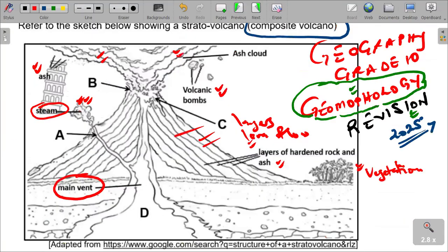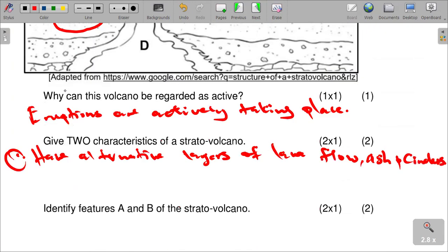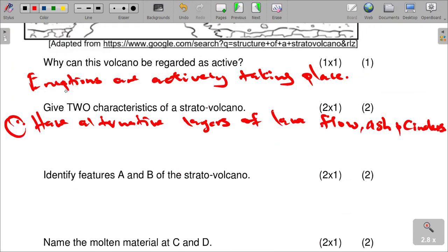As you can see, we have the ashes that are being shown here. We also have the ash cloud shown there. We said the hardened layers are accumulating there. And at the same time, they have a symmetrical shape.